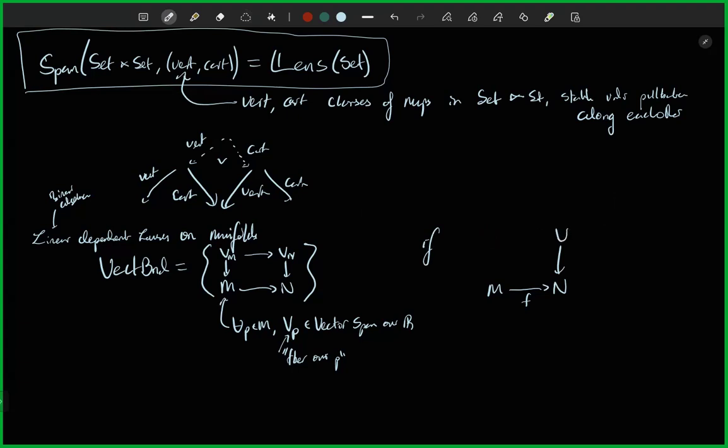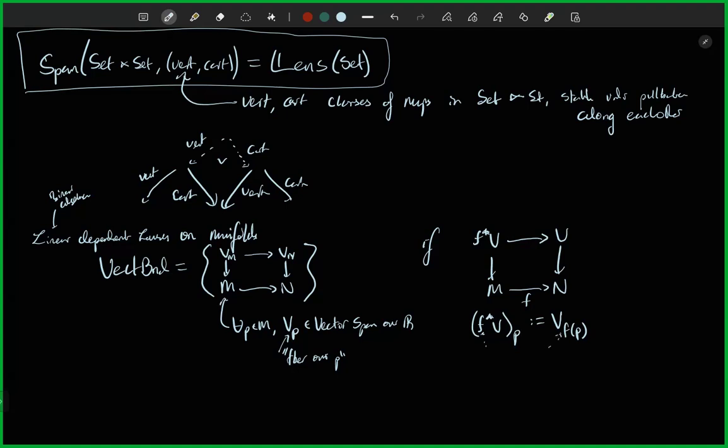If you have this vector bundle V over N, you can pull it back to get something called F upper star V over M. And it's defined by the relation that F upper star V over P is defined to be V over F of P. Which is a sort of general adjointness property between notations here.